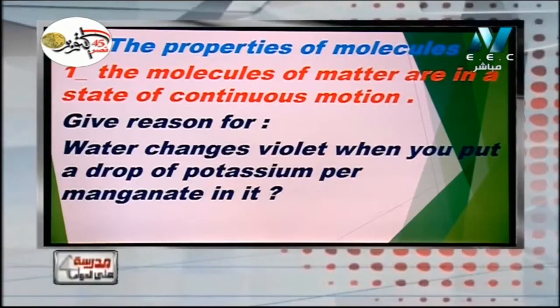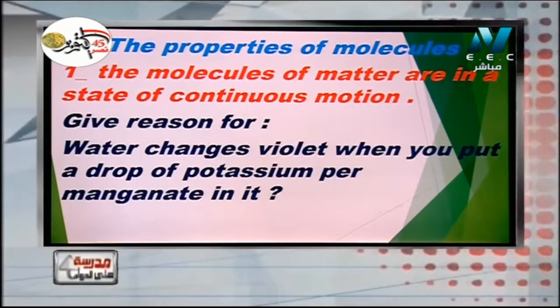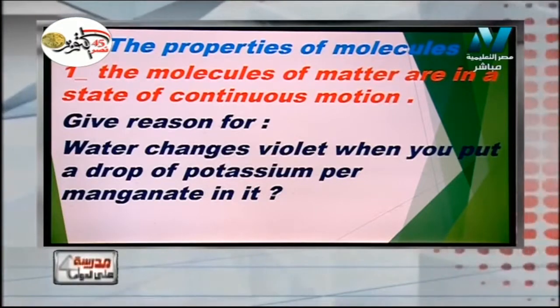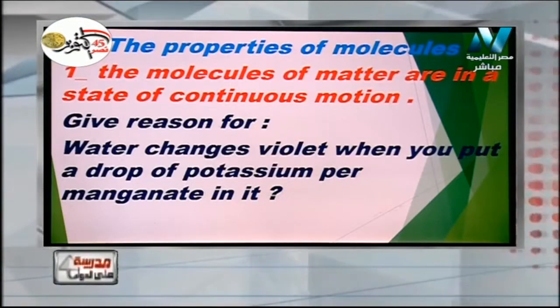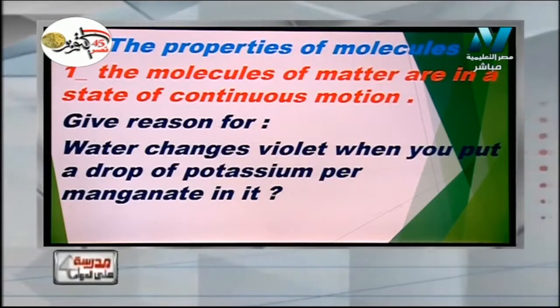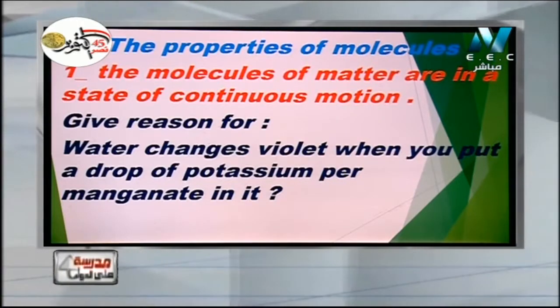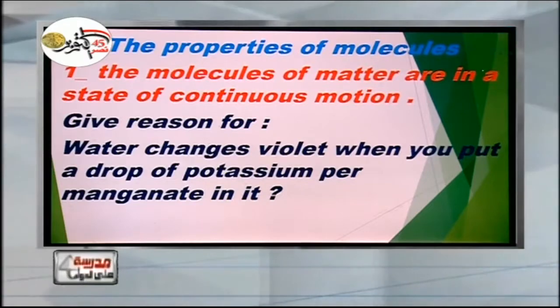So now there is a give reason for: why water changes violet when you put a drop of potassium permanganate in it. Potassium permanganate has violet color. When we put just a drop of potassium permanganate or just a drop of ink, blue ink maybe, in a cup or in a glass of water, after time all water changes to give the same color of this drop that you put in.